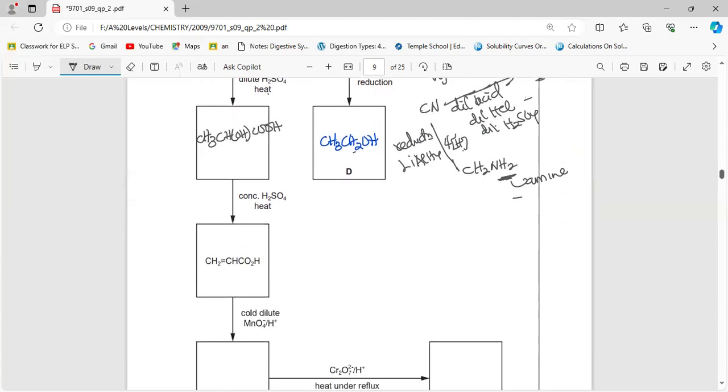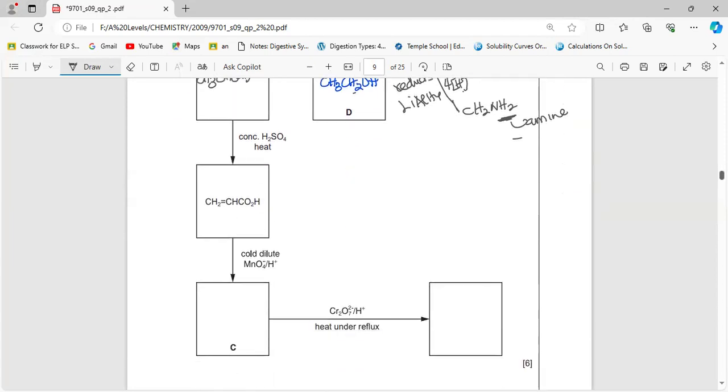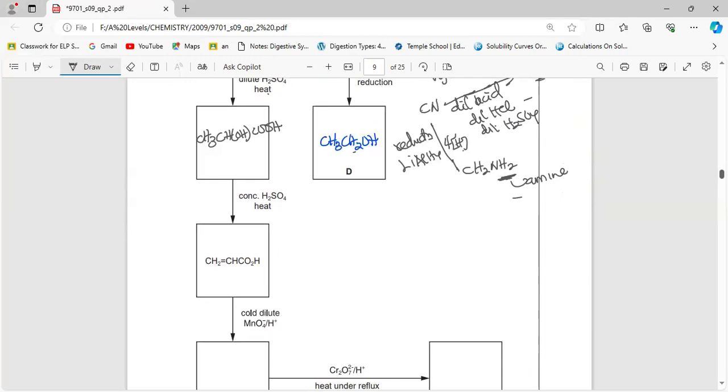So the next one is that this is also still reacting with conc H2SO4. As you see, concentrated H2SO4, and looking at the product, it's saying that we have a double bond present. That means an elimination has taken place, that dehydration has taken place. In this case, water is lost.